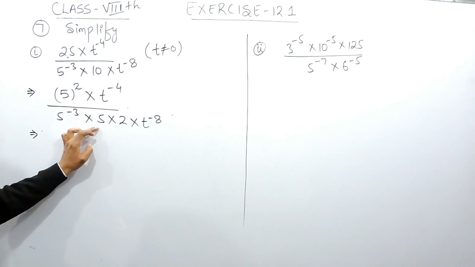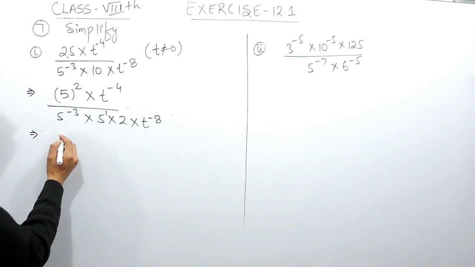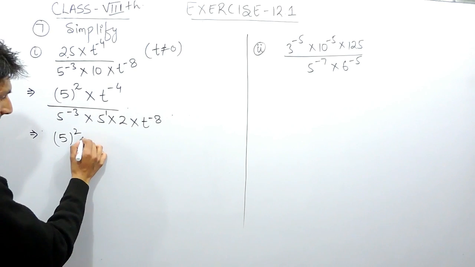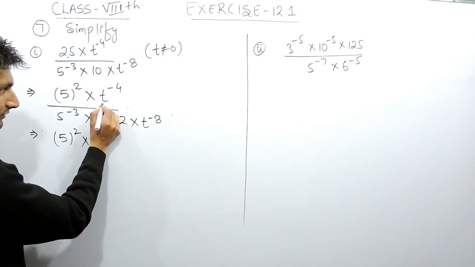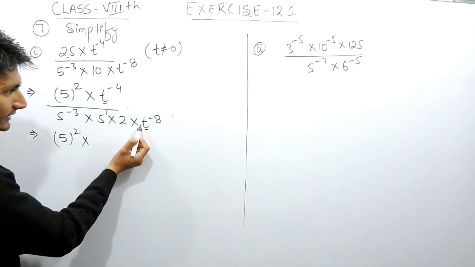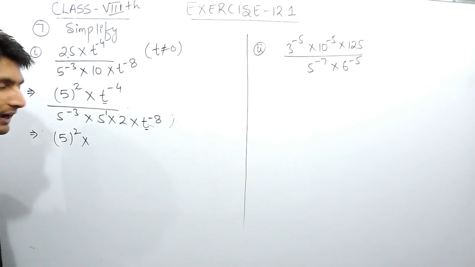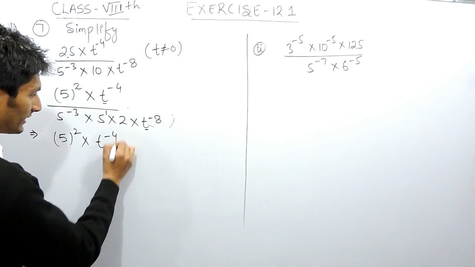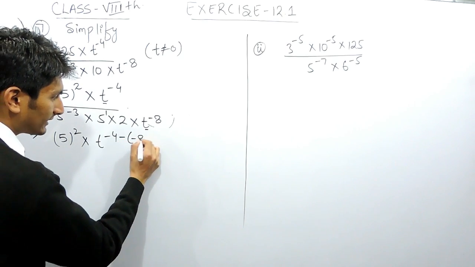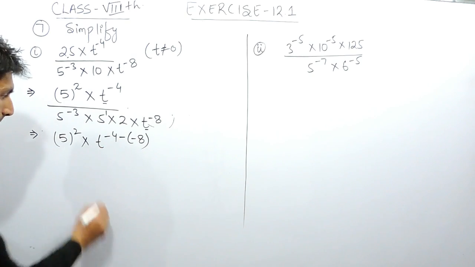Now we have certain exponent formulas which say if the base is the same and those bases are multiplying, in that case the powers get added. So this 5 raised to power 2 can be written as it is, and there is another law which says if the base is the same and they are getting divided, then when this power is shifted to the numerator, it gets subtracted. Meaning t raised to power minus 4, when this value is shifted to the numerator, the minus 8 will get subtracted from this minus 4.